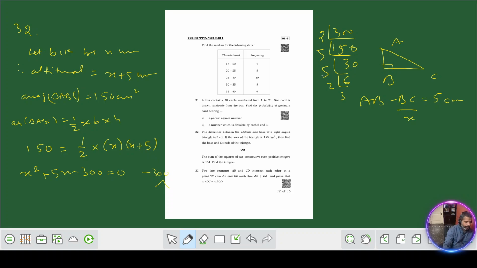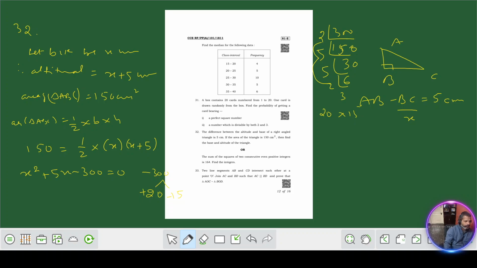So how do you group it? Here, 5 into 10, 10 into 20, 5 into 3 is 15. Subtraction gives 5, right? So 20 and 15. Plus 5 we need, so put plus here, minus here.